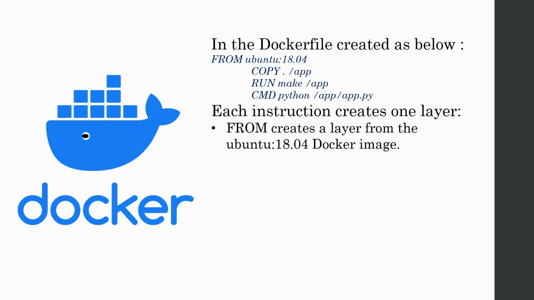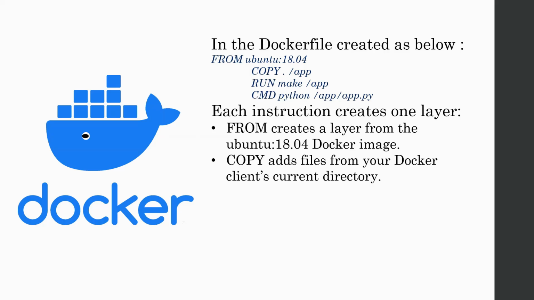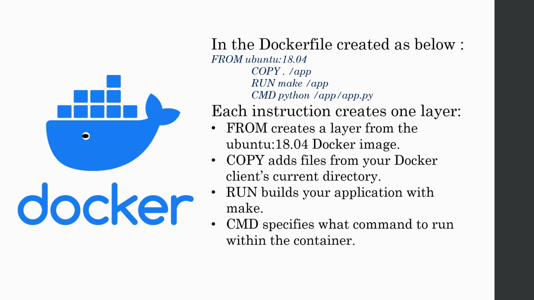From creates one layer from the Ubuntu 18.04 Docker image, Ubuntu Linux, and copy adds the files from your Docker client's current directory, and run builds your application with make, and CMD specifies what command to run within this container. Here it executes the command python, and it maps to this Python file /app/app.py.